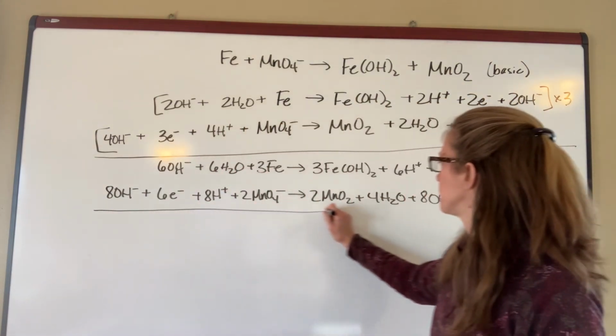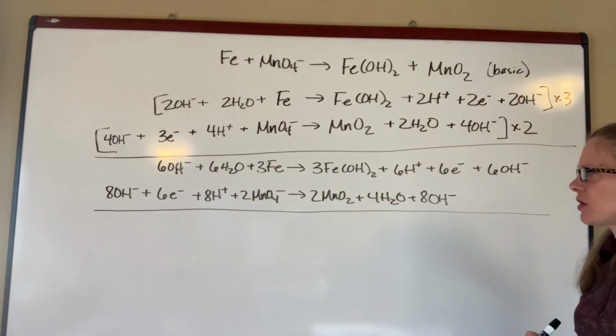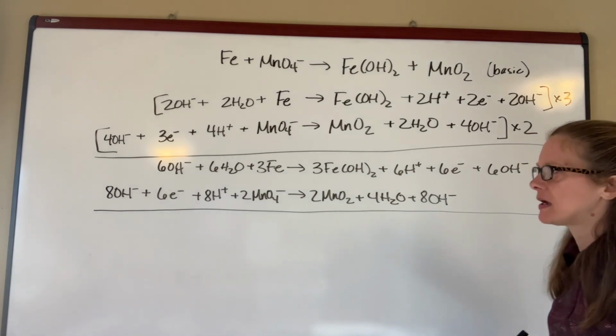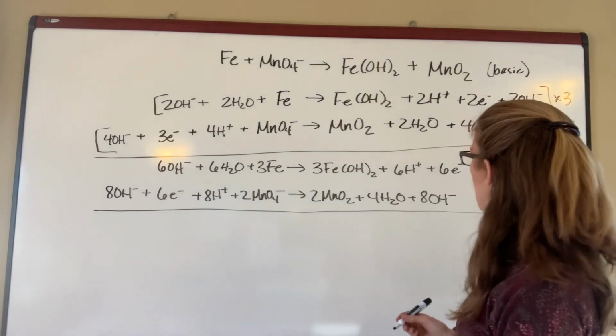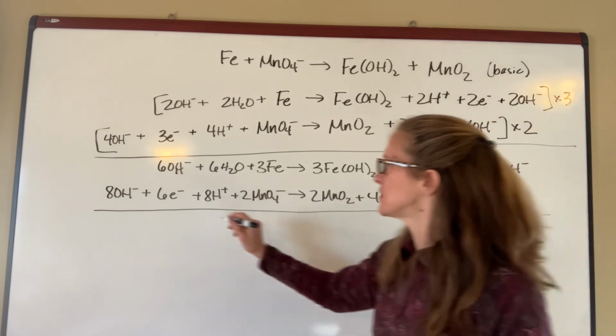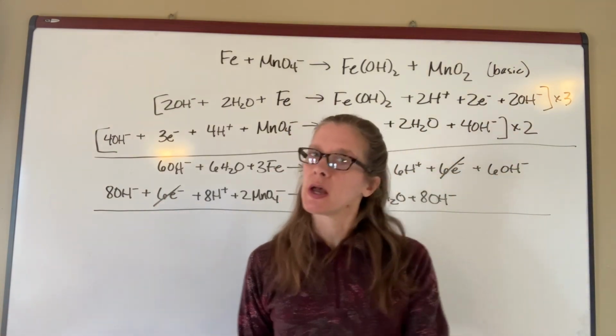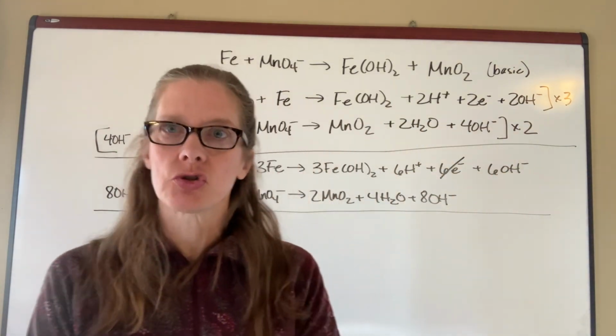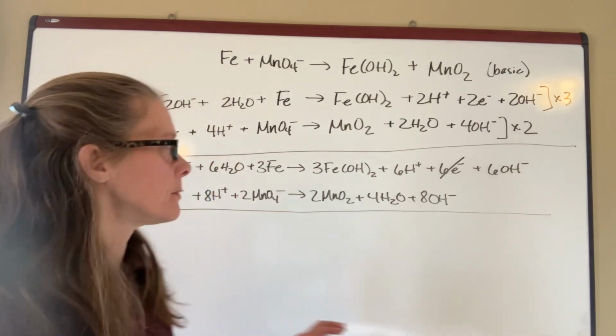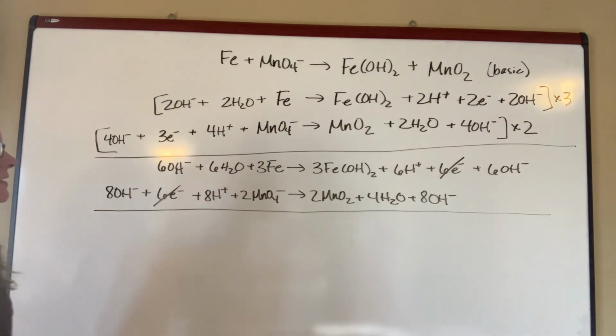Okay, so let's go through and see what we can cancel out. I have 6 electrons on both sides. Now, if your electrons didn't cancel out, that's your first huge sign that something is wrong. You've got to make sure your electrons cancel out on both sides. All right, so what can we combine together here?